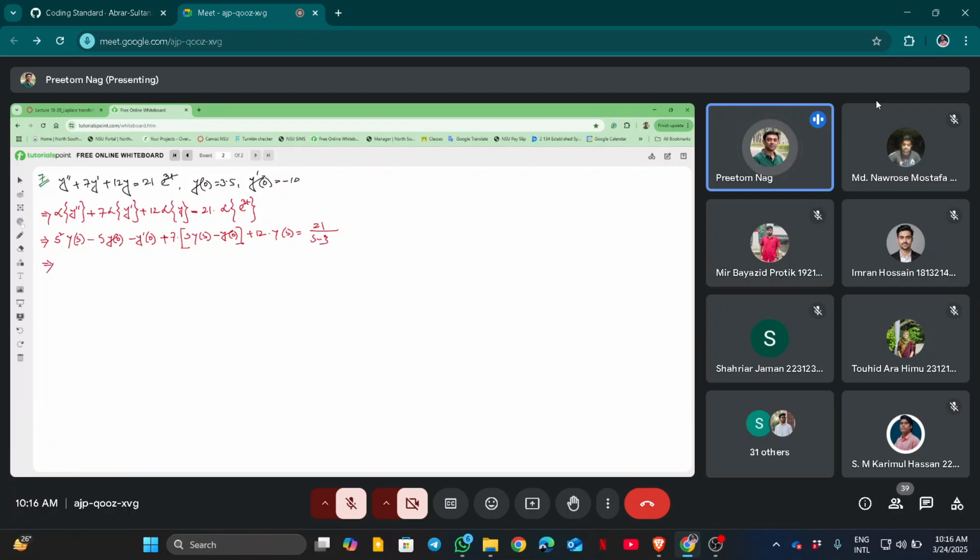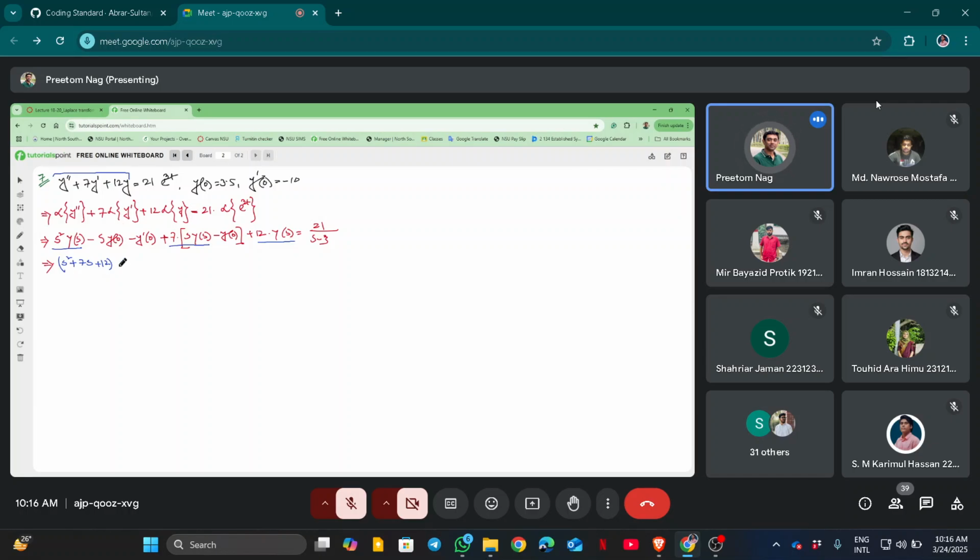Now the next task is to make Ys the subject. So where are my Ys? Here is my Ys, here, and here. So this is s squared plus 7s plus 12 times Ys. You see, this form is similar to this form.